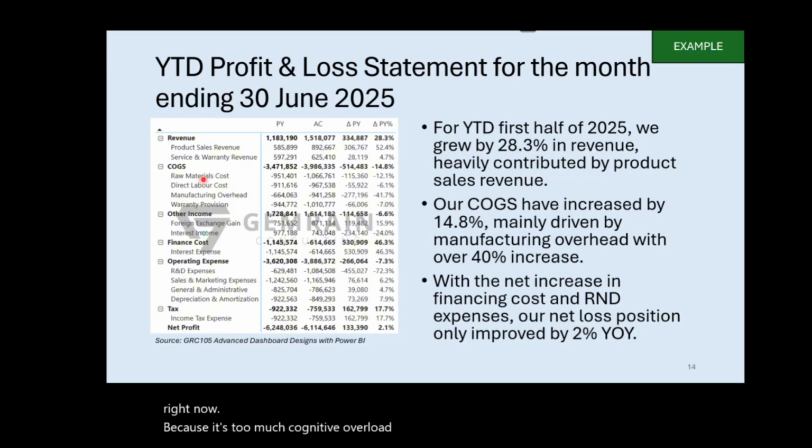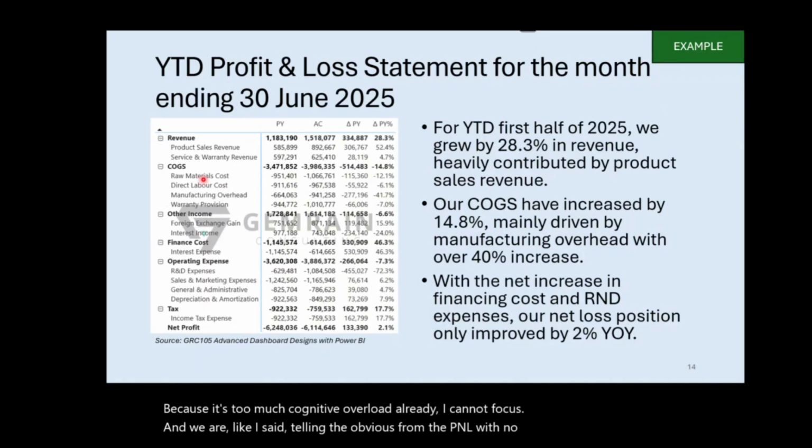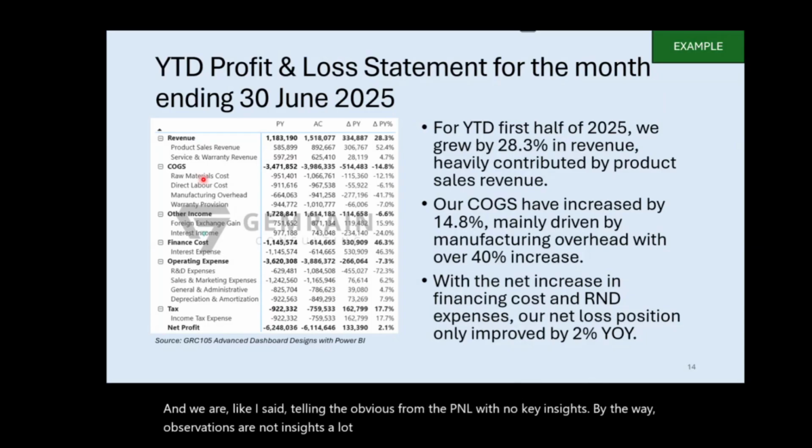I cannot focus. And we are, like I said, telling the obvious from the P&L with no key insights. By the way, observations are not insights. A lot of people tend to misunderstand that, oh, when I am telling all of these 3 points, it is insights. No, they are not.